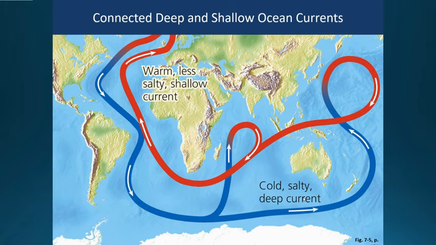And as it cools, it takes on more salt and it tends to sink. And then as it's deep in the ocean, it circulates back down through the Atlantic, through the Indian Ocean, through the Arctic into the Pacific. And so the deeper water tends to be colder, the shallow water tends to be warmer, and we have this fairly large, global ocean current.